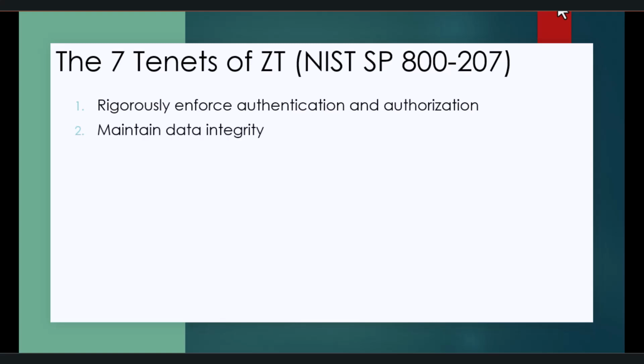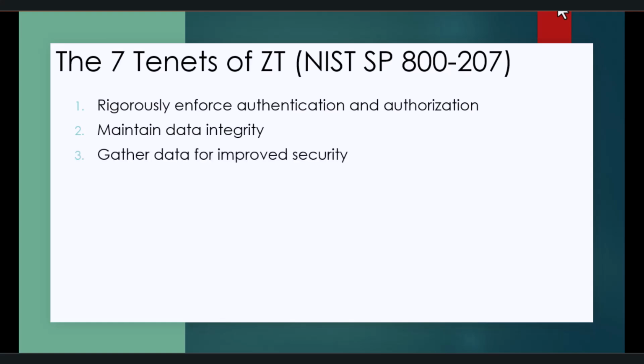Number 2, maintain data integrity. We're going to use strong SHA-256 and 384 mechanisms. In a mandatory access control model, we're going to use things like Clark-Wilson to maintain integrity. We might even use AES GCM 256, which has its own GMAC or Galois MAC.